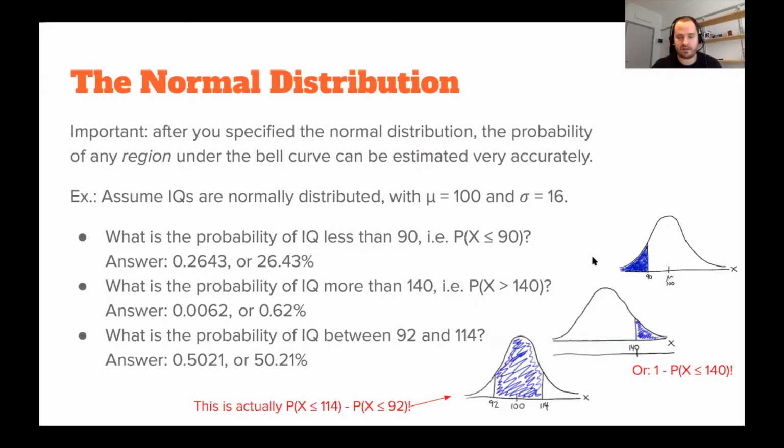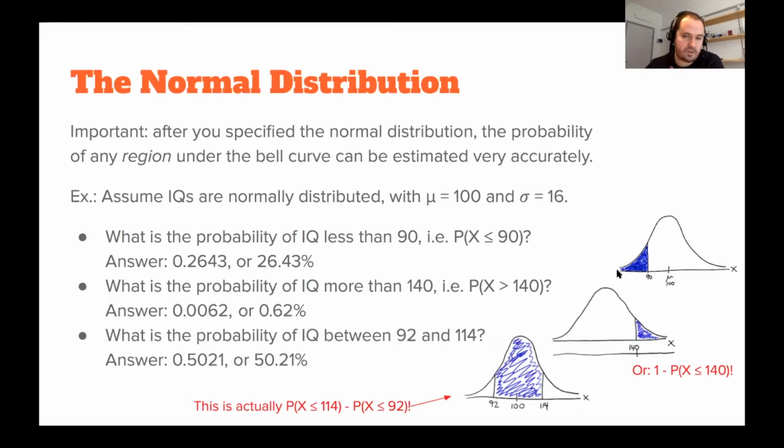So less than 90 is this region over here, all the way to the left. You could assume that it goes on infinitely or something. It doesn't matter. Of course it doesn't, because there's some kind of lower level for an IQ, even if it's zero, I guess. There's still some kind of lower end.